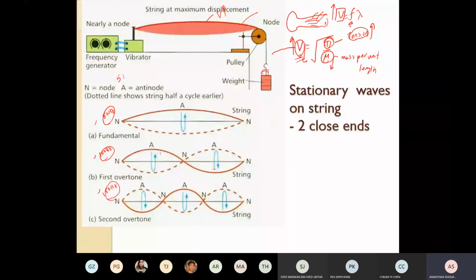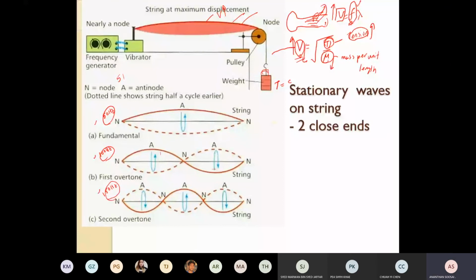Therefore, you get the greatest frequency of the sound produced. So in other words, the speed of sound in the string is determined by what factors? The tension and the mass per unit length of the wire. In this case, we keep the tension constant so that the speed in this wire always stays constant.